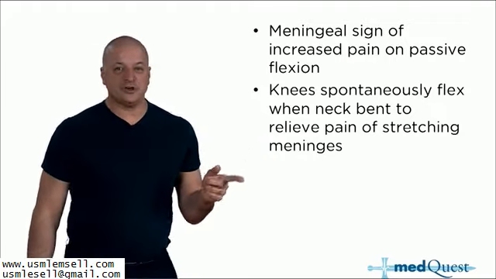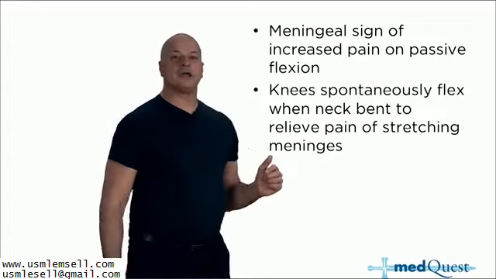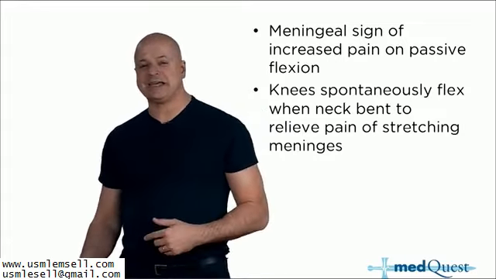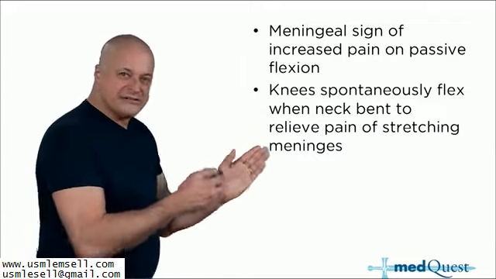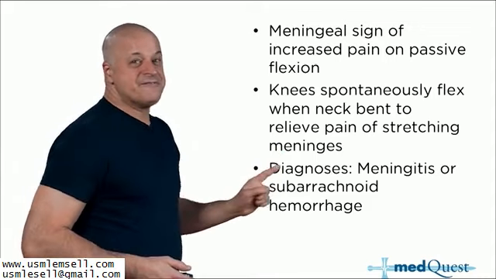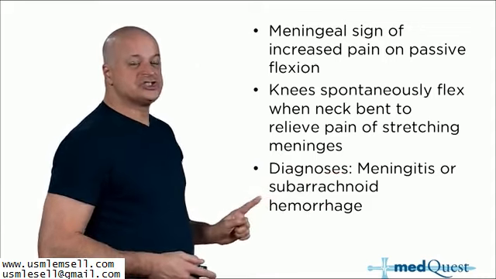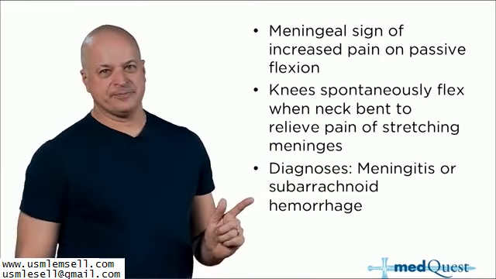Knees flexing when you move up the neck, the thing about Kernig's and Brudzinski's doesn't matter because it means the same thing. It means you have an infection or inflammation of the covering of your brain: infection, meningitis, subarachnoid hemorrhage. Blood is irritating.